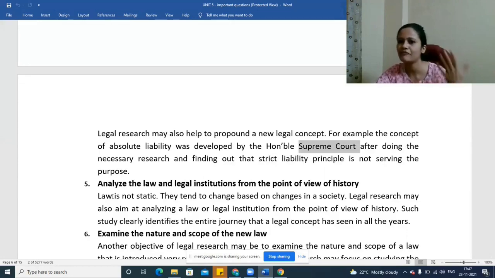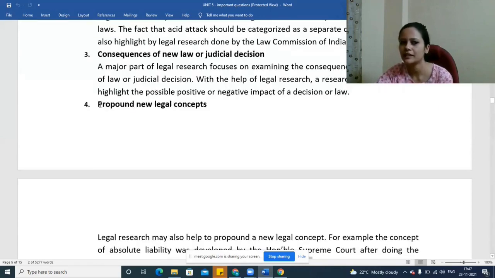And with five exceptions, somehow or the other, parties were able to prove one of them and escape the liability. So basically, this principle was not serving any purpose. Because they realized that, they propounded a new legal concept.